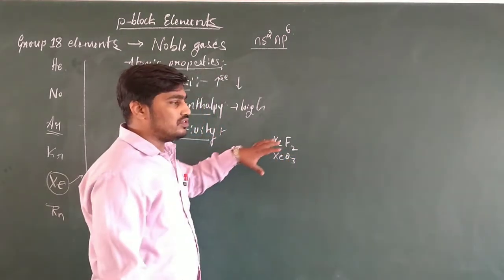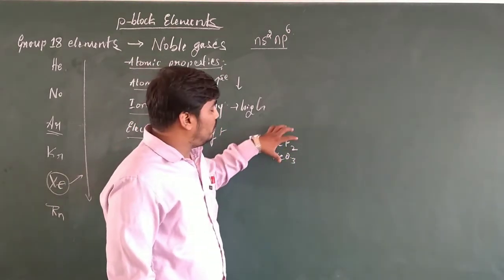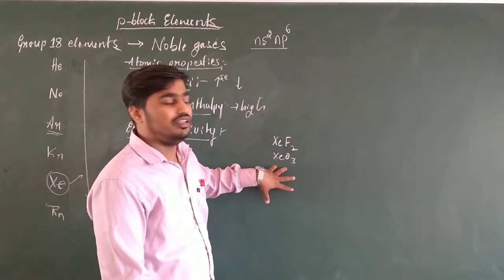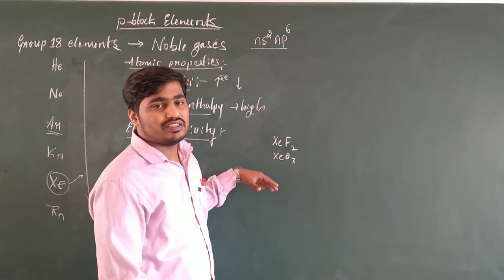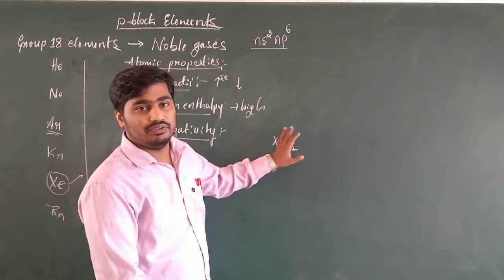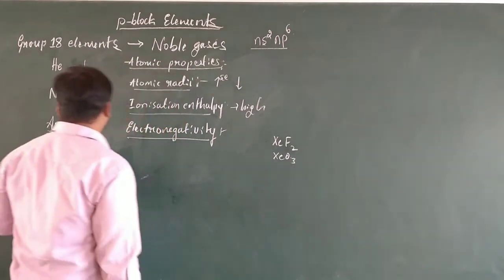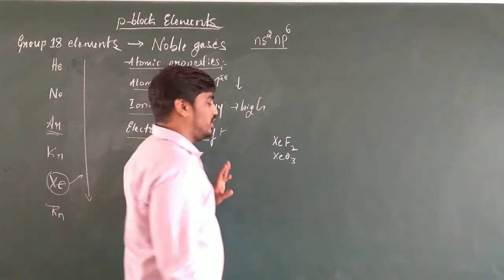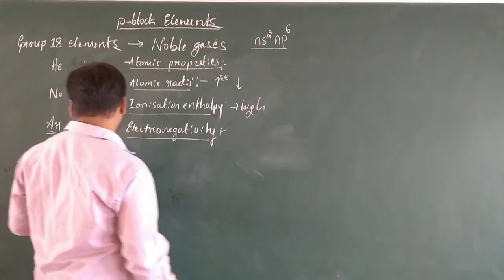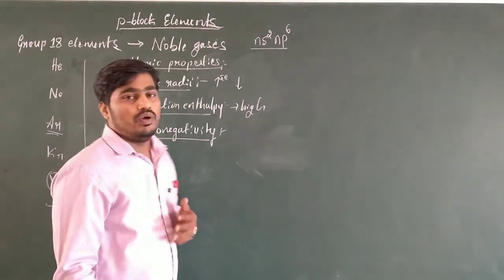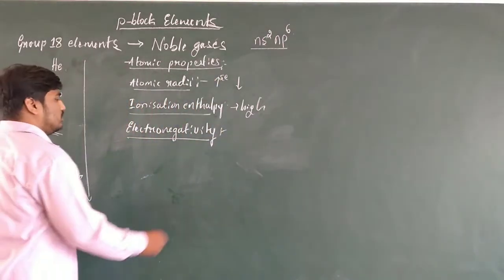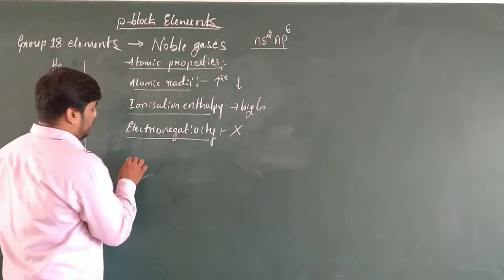That indicates xenon shows a little bit of electropositive nature, but all other elements do not show any electronegativity. Xenon and radon show electropositive nature, so there is no electronegativity.